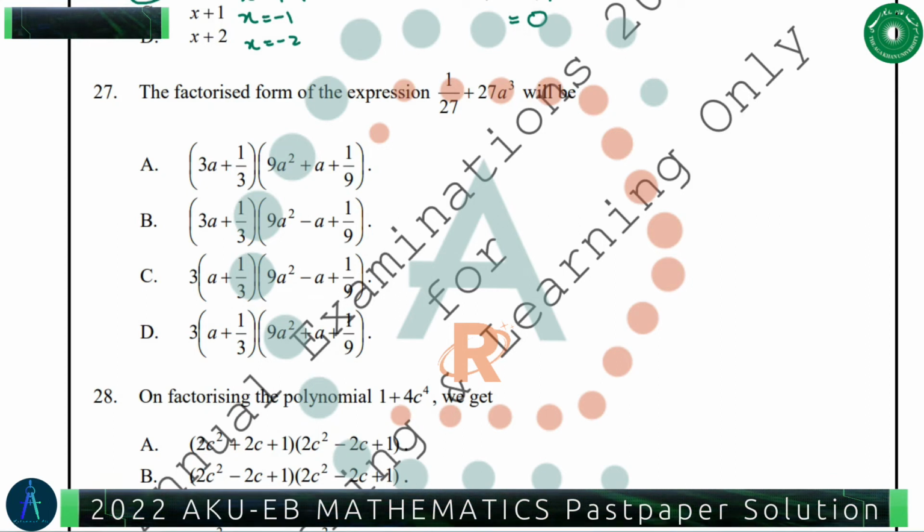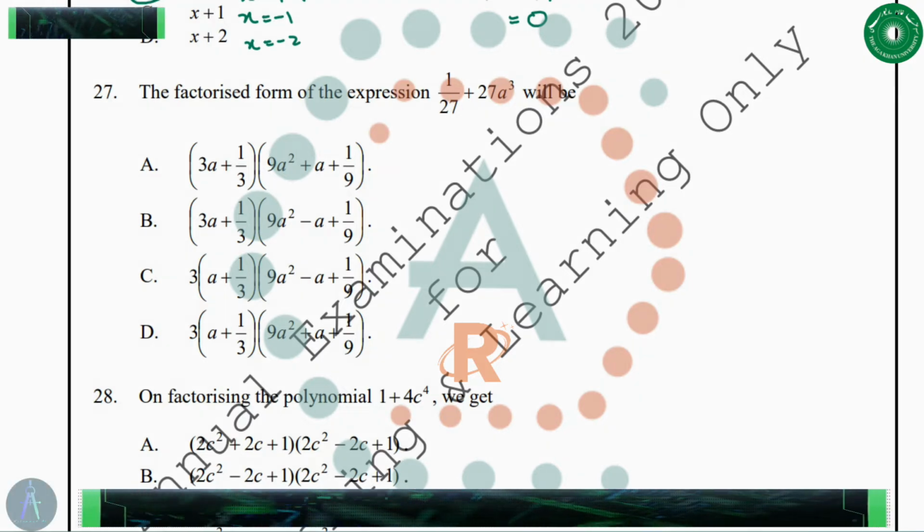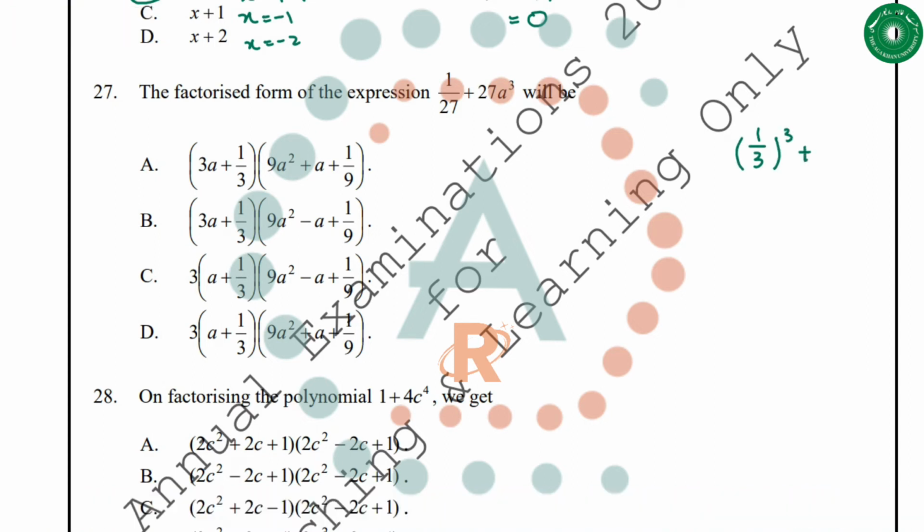Then we have to factorize this expression 1 over 27 plus 27a cube. So we can write this as a cube plus b cube. So 1 over 3 whole cube plus 3a whole cube.